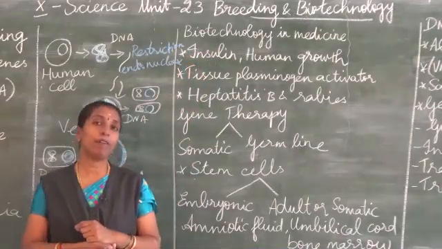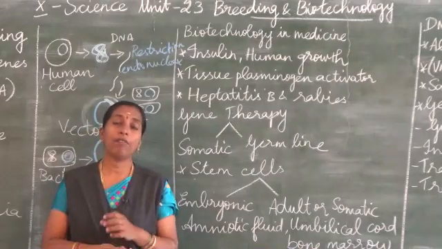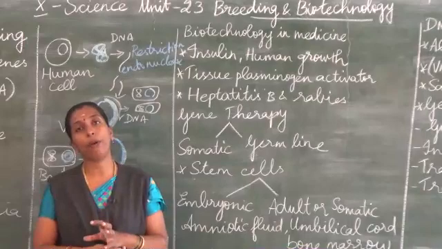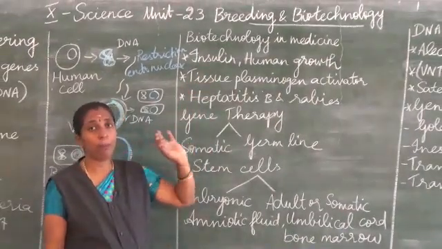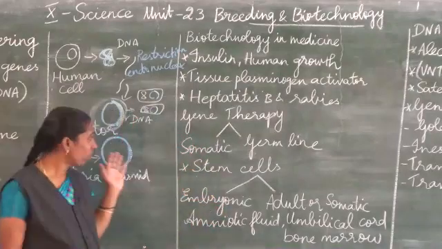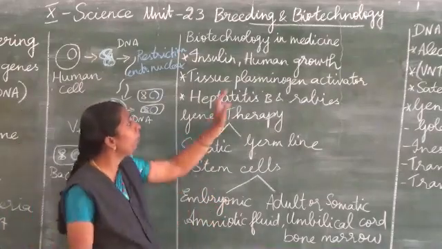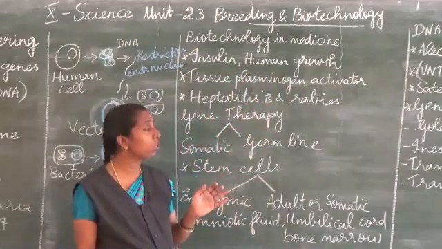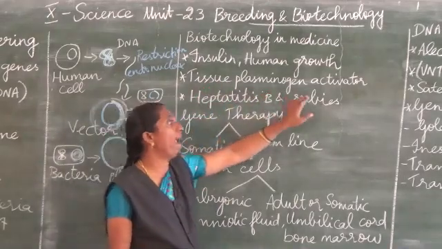There is a famous institute called Biocon in Bangalore, which mainly produces insulin. How is it produced? By the same technique using bacteria. Then human growth hormones are produced, and tissue plasminogen activator.